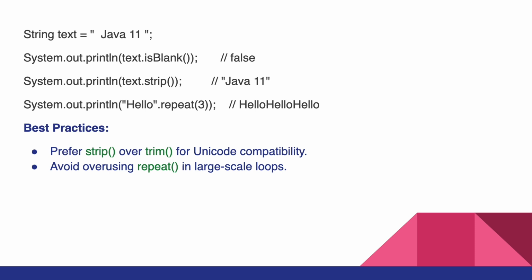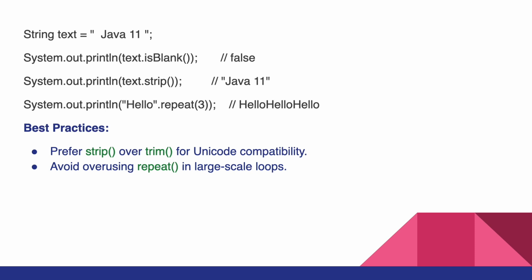Here is a real world scenario. Suppose you are developing a reporting tool. By using the lines method and isBlank method, you can quickly filter out empty lines and process meaningful content.